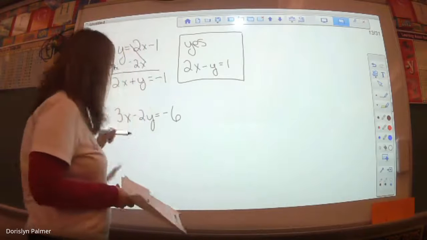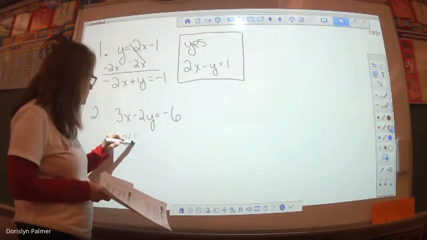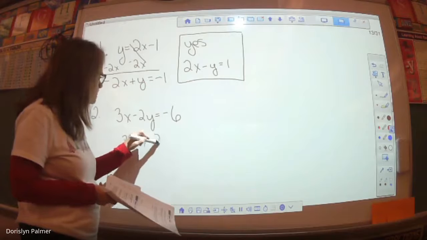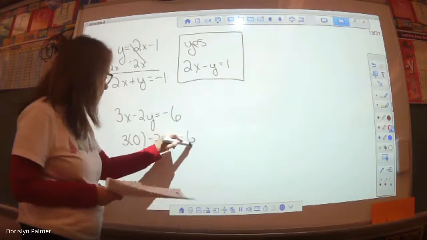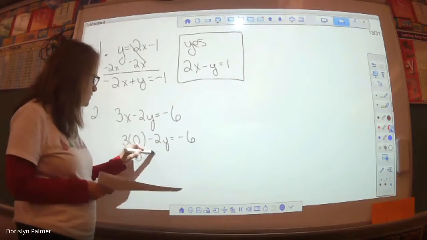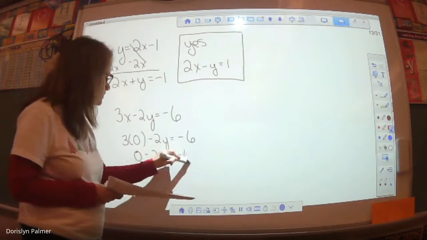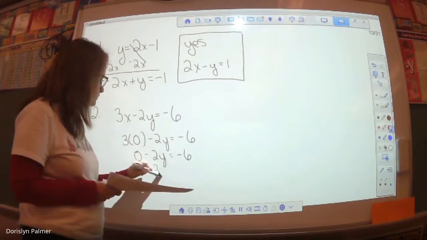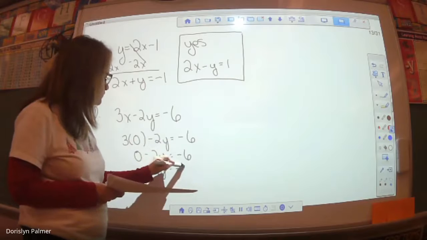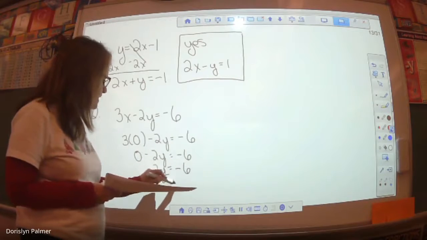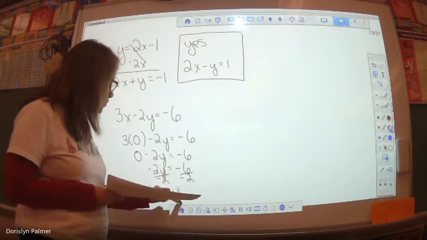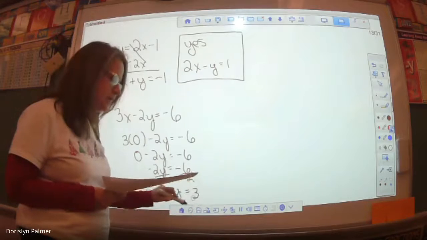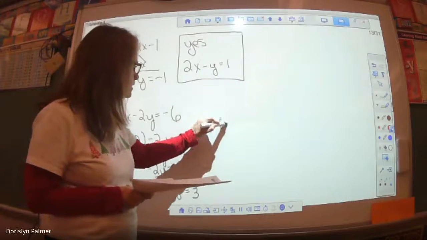When x is 0, what is y? So I'm just going to fill in a 0. And that's 0. Negative 2y equals 6. Divide by negative 2. Y equals 3, which is D.